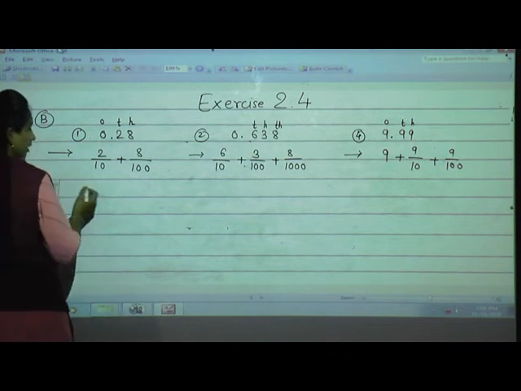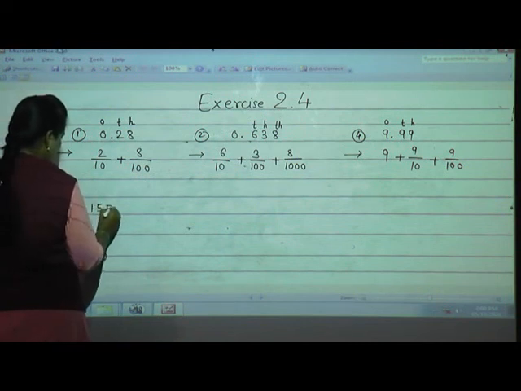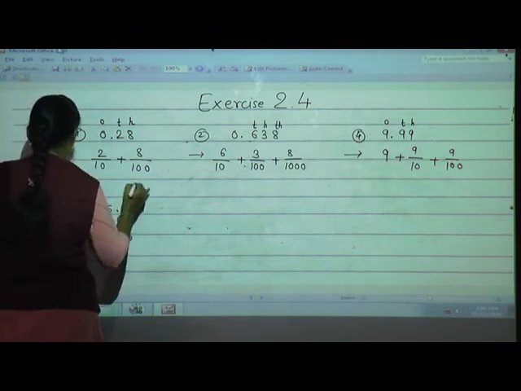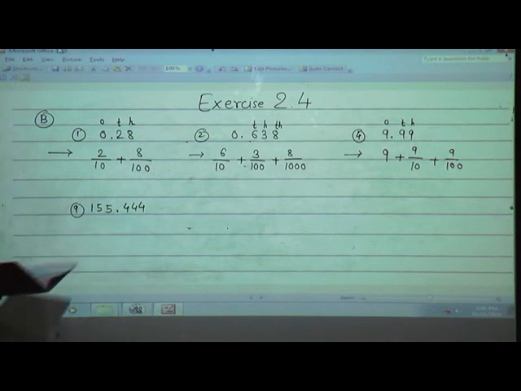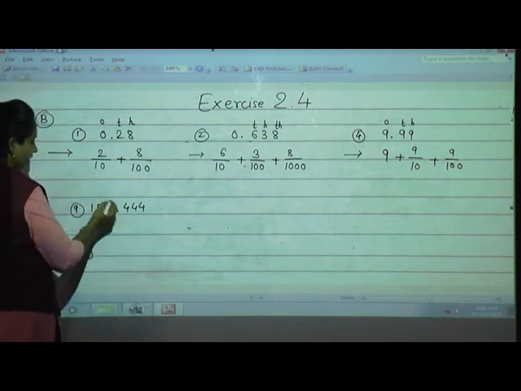Now I will solve ninth one for you. What is the ninth one? 155.444. See. So give the place value before the decimal point and after the decimal point.